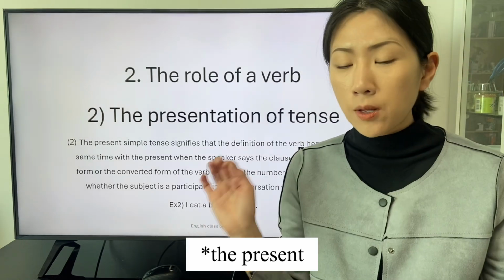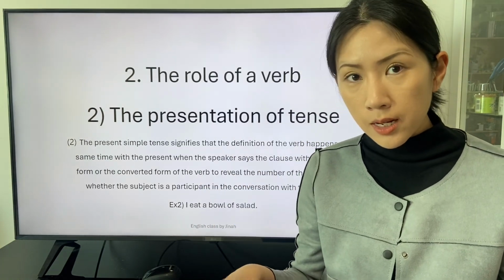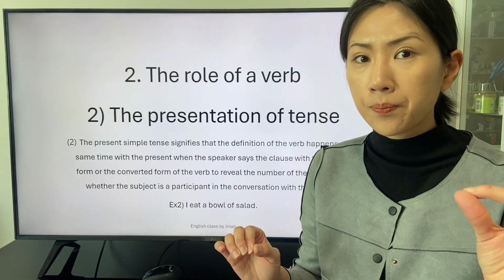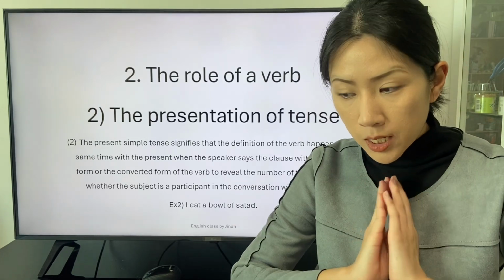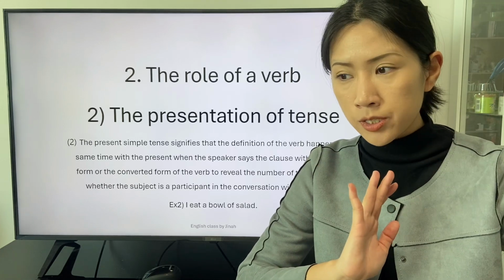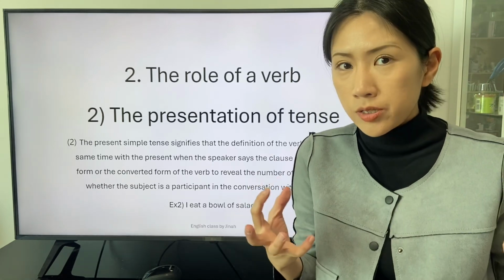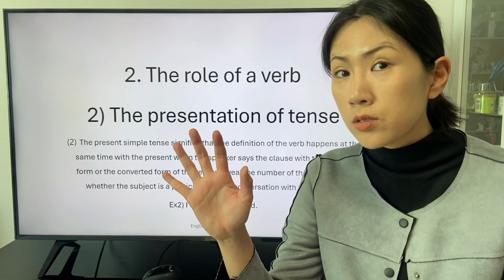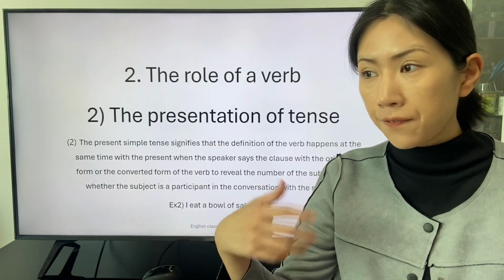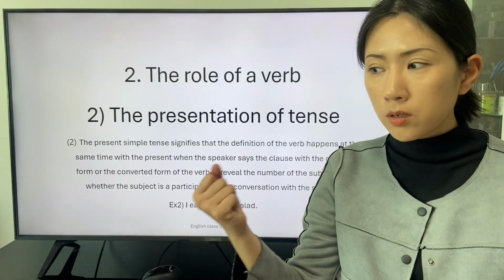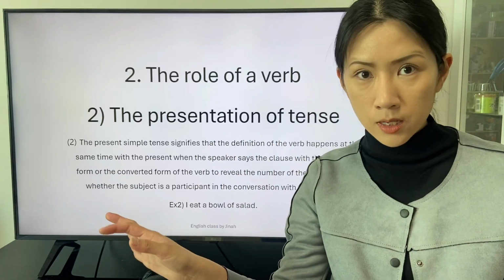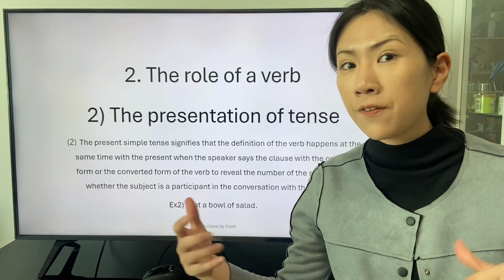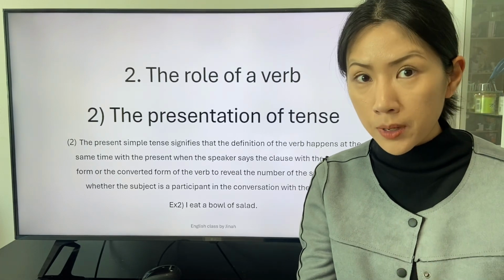The point is the time when the conversation happens. The speaker and the listeners are conscious about the subject of the clause. The consciousness about the subject is revealed in the form of the verb.